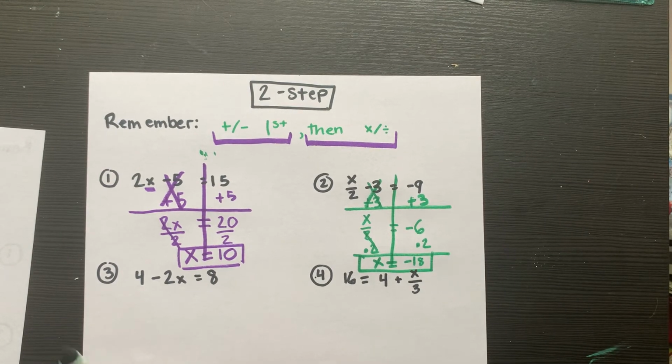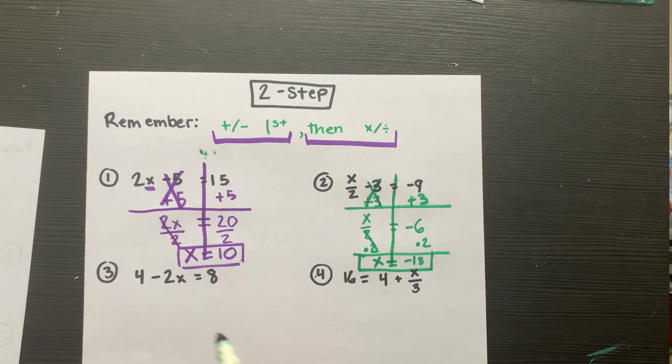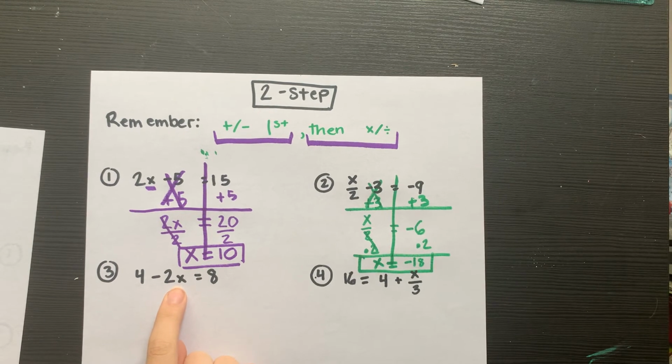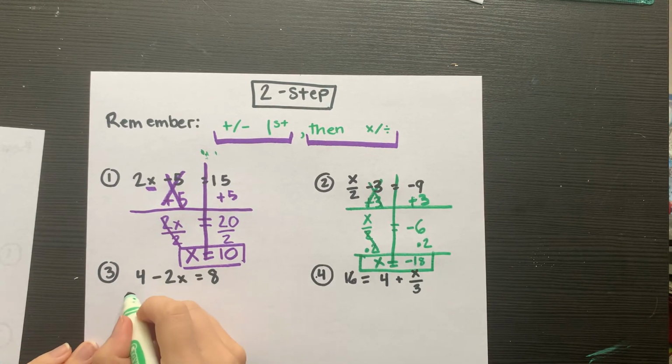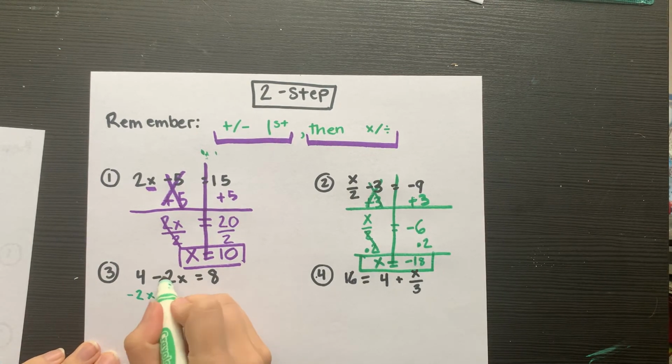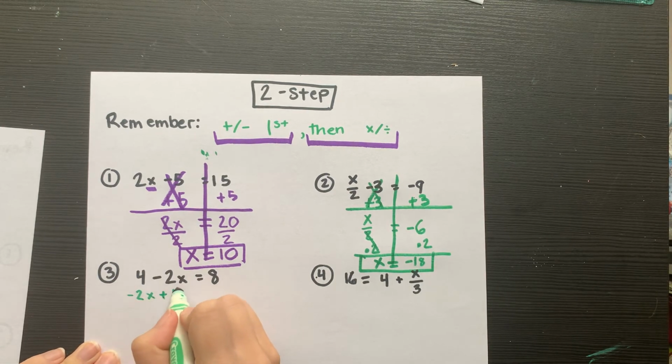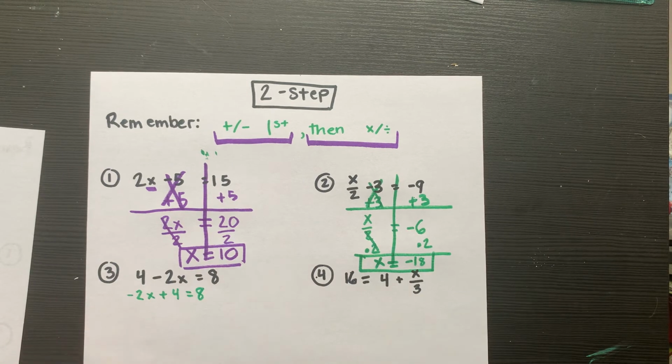In number 4, we've got 4 minus 2x equals 8. So remember, if the letter doesn't come first, we're going to just switch them around real quick. This goes with it. Negative 2, positive 4. Okay, so now we keep going.